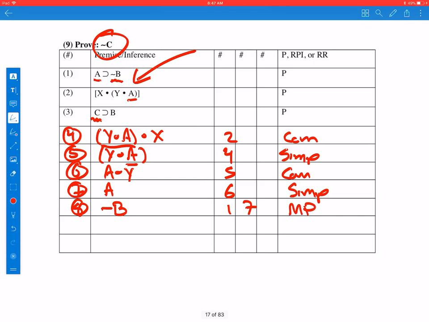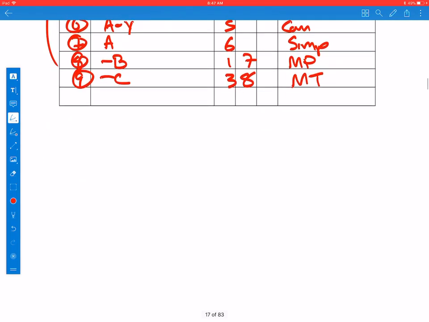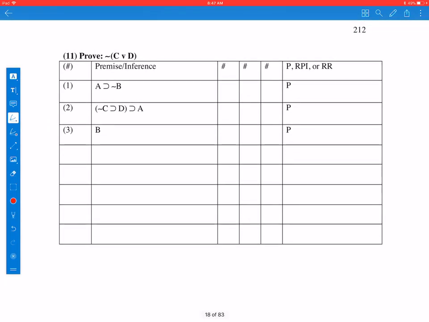Not b, 1, 7, modus ponens. Now we have our not b, and so we can do our final move, 3 and 8, to get not c. This is line 9, from 3 and 8 by modus tollens, and we're done.